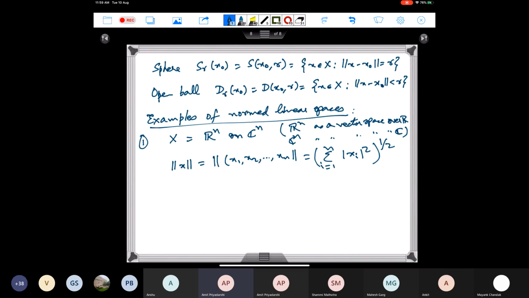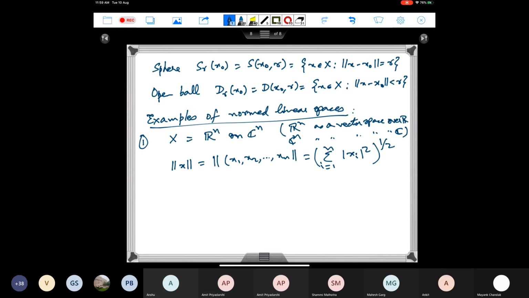We can define other norms also. In fact, we can take this same vector space, and for any p greater than or equal to 1, we can define the p-th norm of this vector x. There, instead of taking the power 2 and 1 by 2, you take power p and 1 by p.